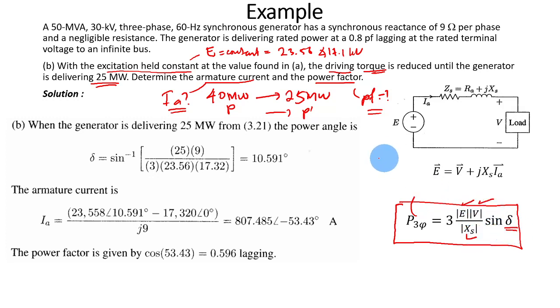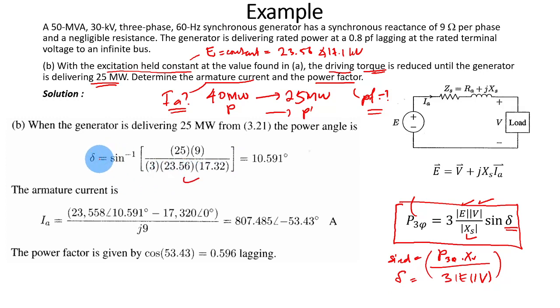If you rearrange this formula, sine delta is equal to P 3-phase multiplied by XS divided by 3 multiplied by E multiplied by V. If you want to find delta, you just take the inverse sine of this expression.